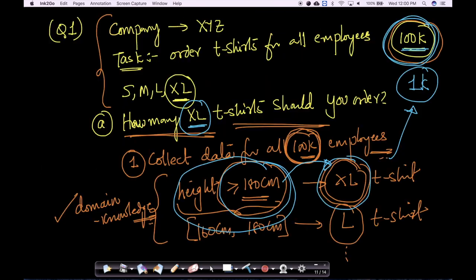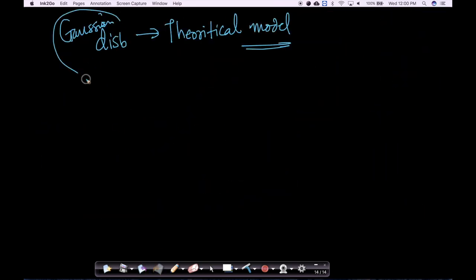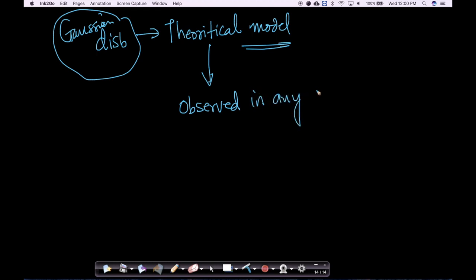So the Gaussian distribution is a theoretical model that is observed in many natural phenomena. In many natural phenomena, the Gaussian distribution is observed. But the distribution itself is a theoretical model.